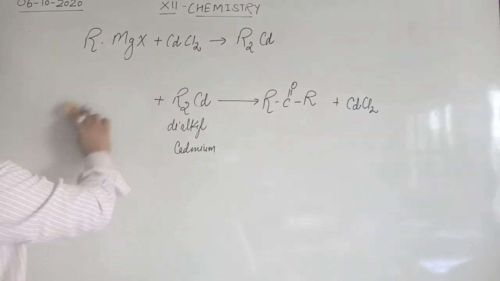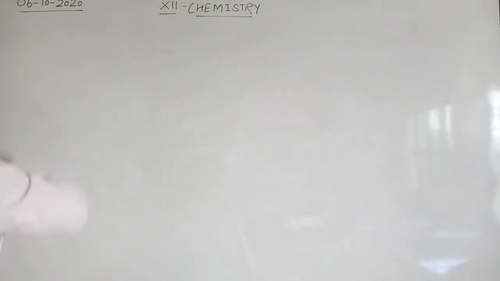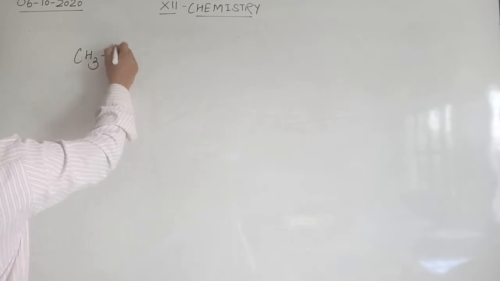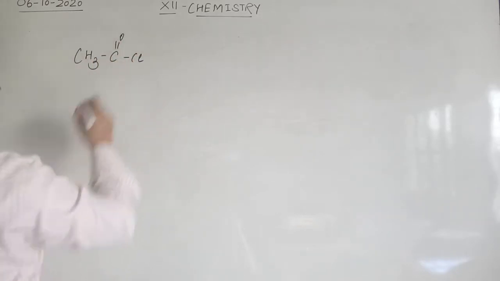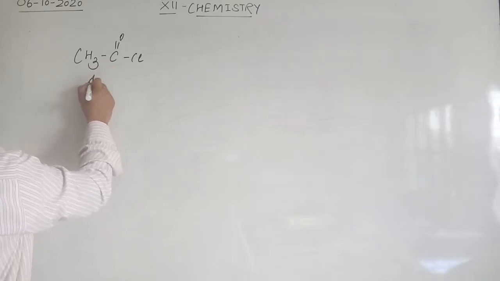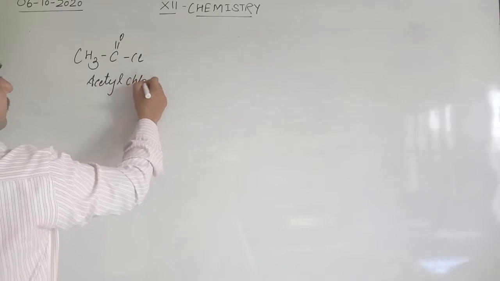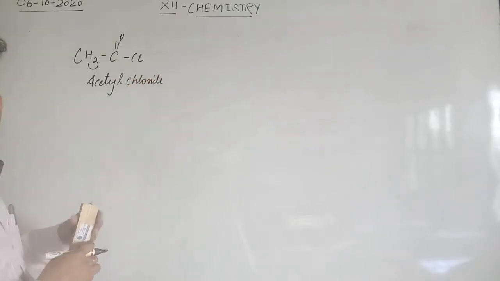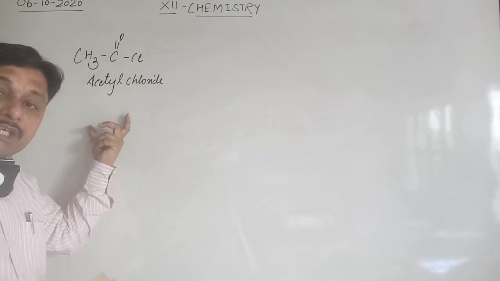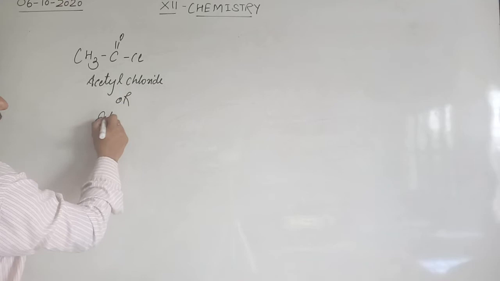For example, if we have CH3COCl, it is known as acetyl chloride, or in the IUPAC system it is known as ethanoyl chloride.